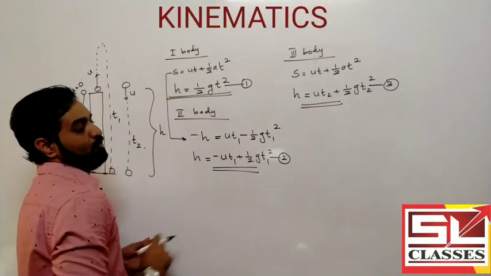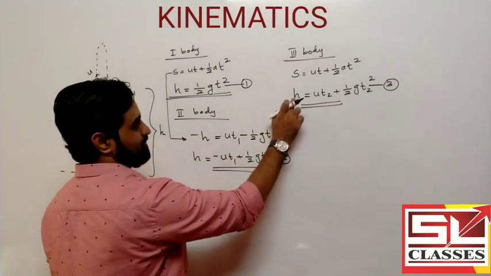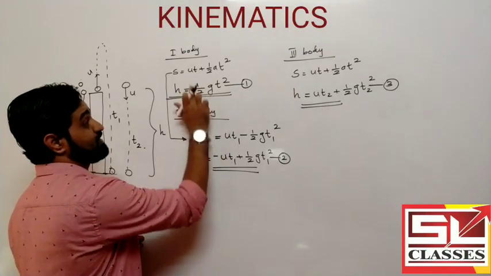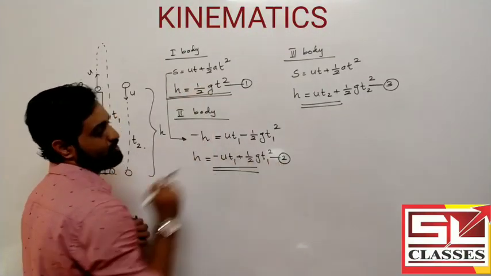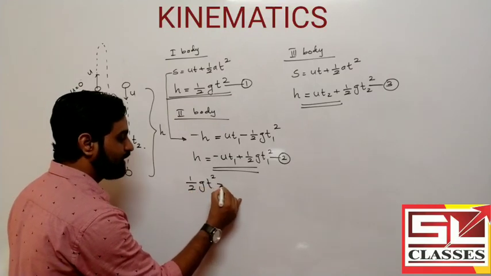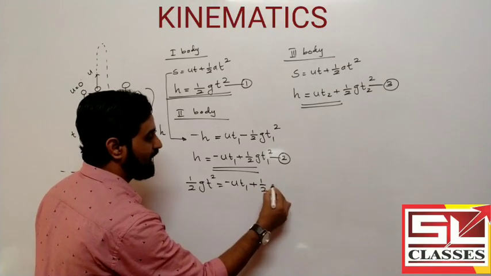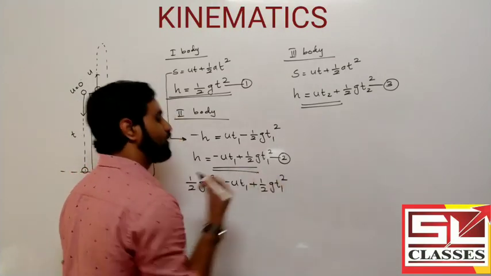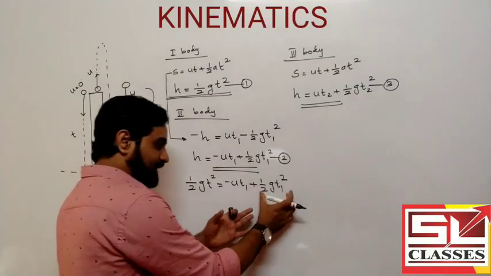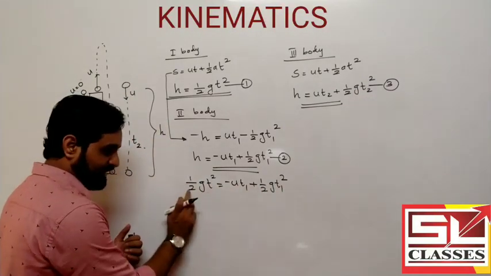Okay. From equation 2 and equation 3, the left side is h and h. And for this h, we can substitute half gt square. So what this equation becomes: half gt square equal to minus ut1 plus half gt1 square. In other words, we can take this half gt1 square to this side. Here already half gt square.